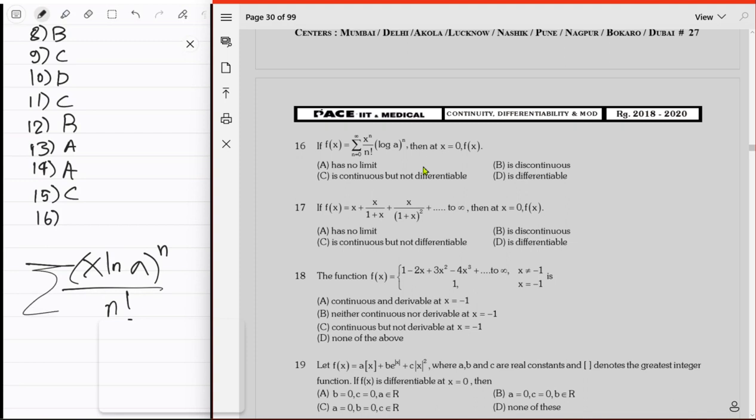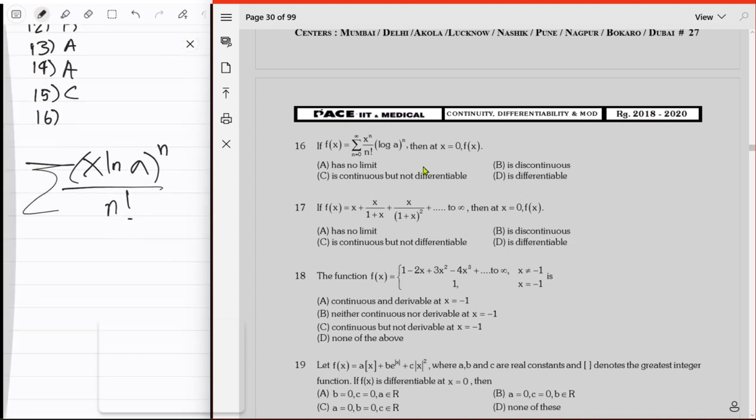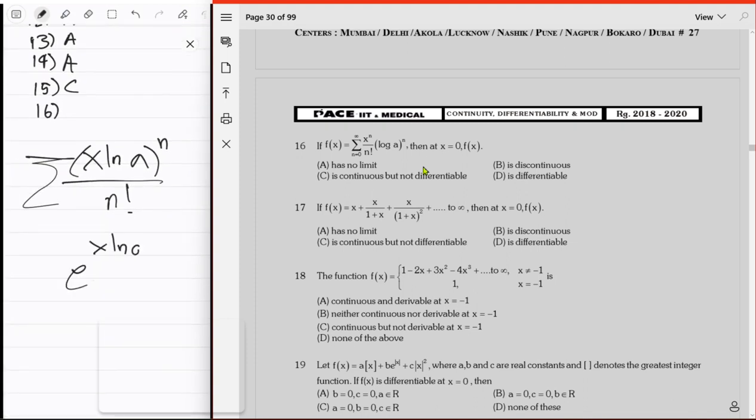Summation of this thing from 0 to infinity, that's just e power x natural log of a, because this is just the Taylor series for e power x. I mean, if this was not x natural log of a, but just x, this would be the Taylor series. So it's just e power x natural log of a, which means a power x. That's what this function is, right? That's what f is.